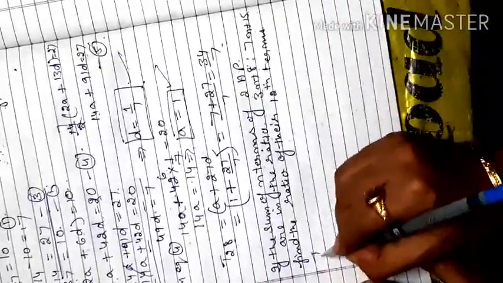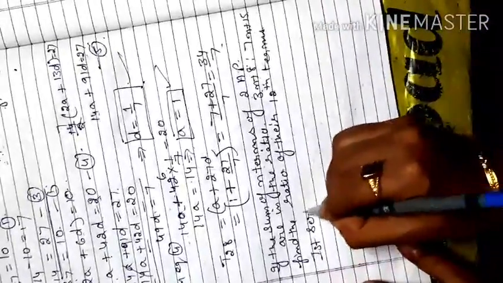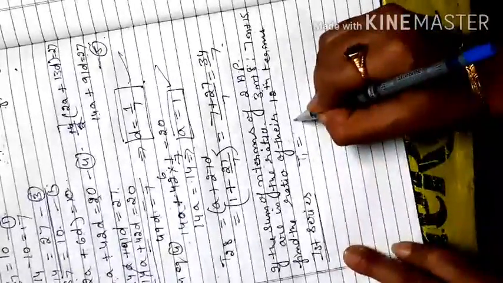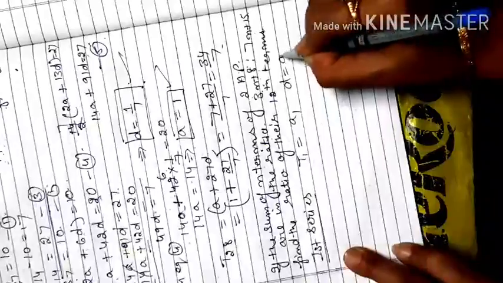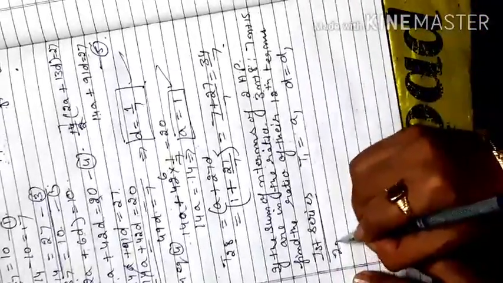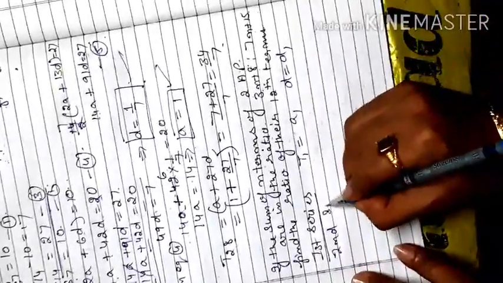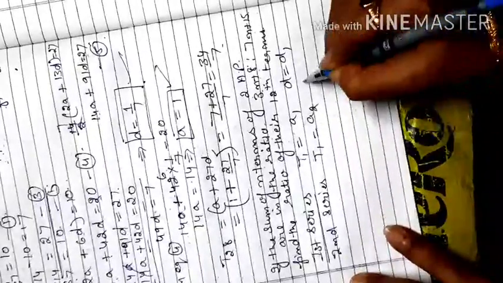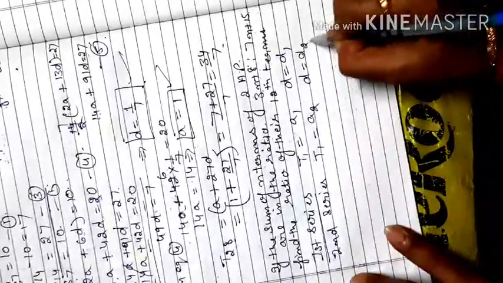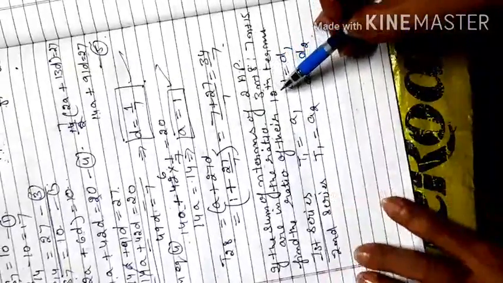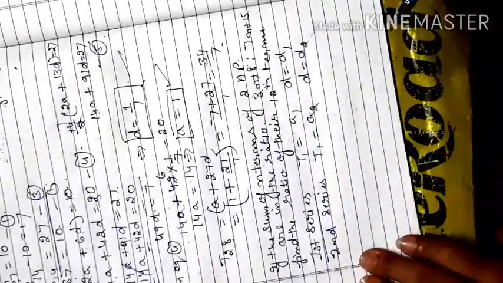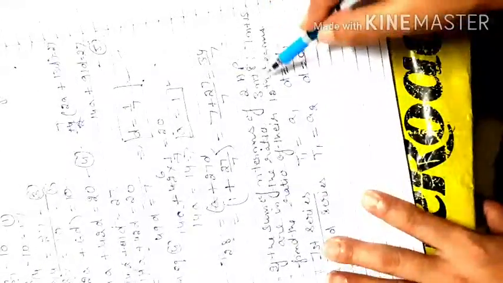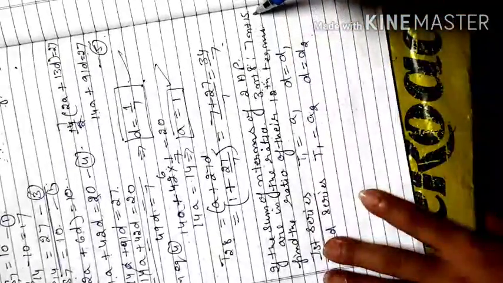So I have the first series. In my first series, the first term will be a1 and the difference will be d1. In the second series of AP, the first term will be a2 and the difference d2. Actually you have been given the ratio of the sums of the two series, 3n plus 8 to 7n plus 15.